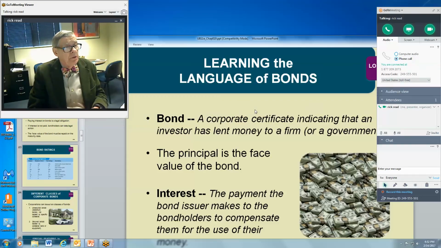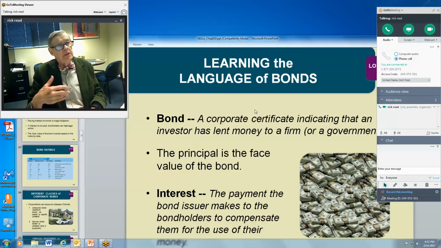Now, if you want to cash in your bond before the 30 years, you're going to get the face value of the bond back plus interest up to that date. But for instance, if you bought a $100 bond, you pay $50 for the $100 bond, and it used to be you held it 10 years, you get $100.